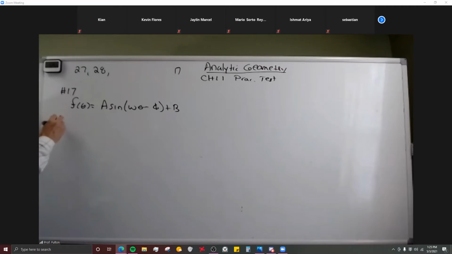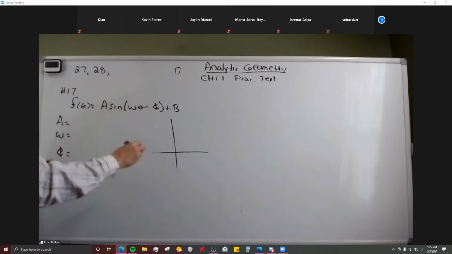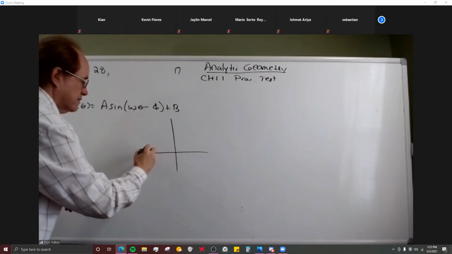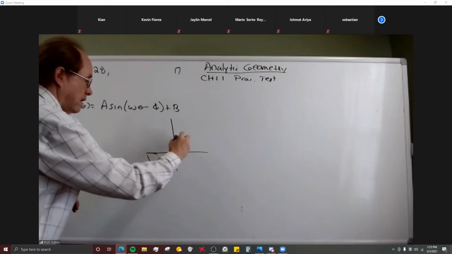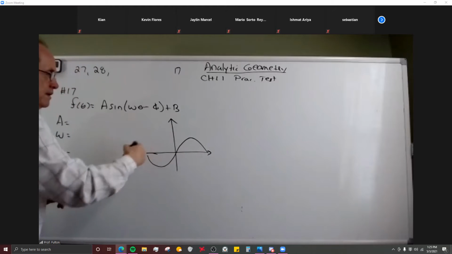Again, we're going to find a, omega, phi, and b, the offset. And again, what does the sine look like? If I'm looking at just the sine, no phase shifting or anything, it's going to look something like this. So that's what my sine is going to look like.